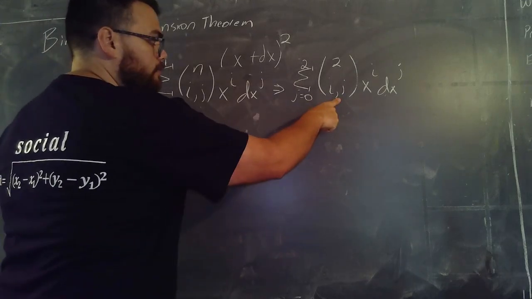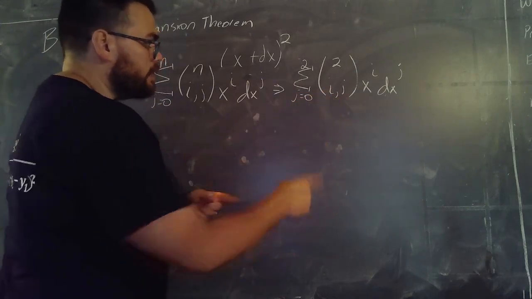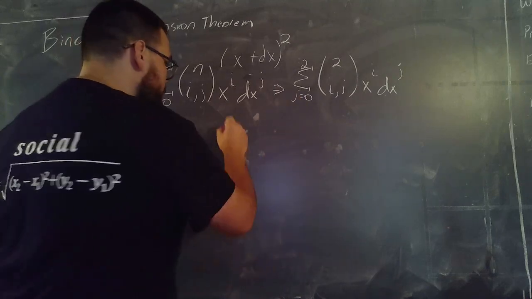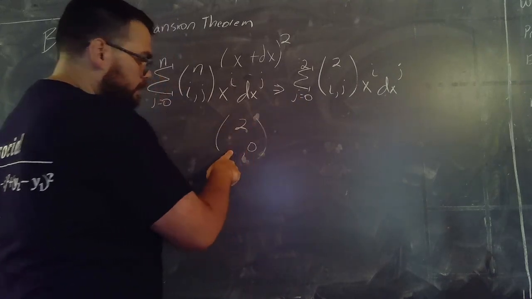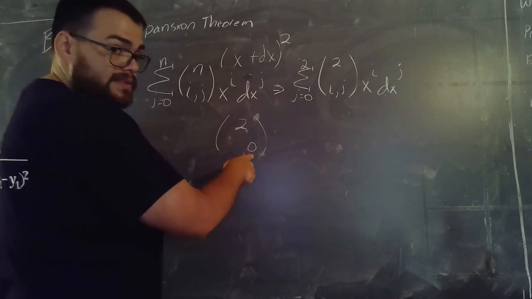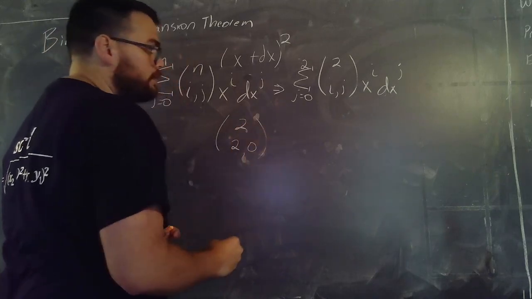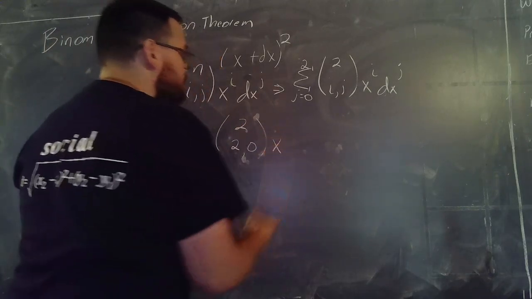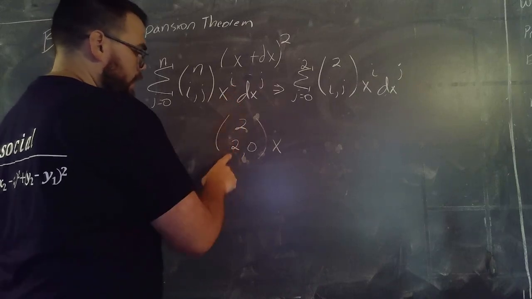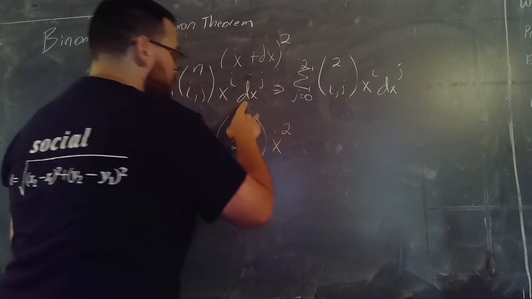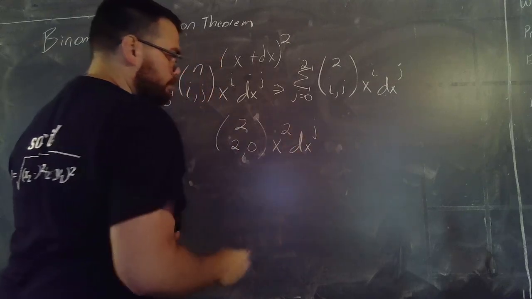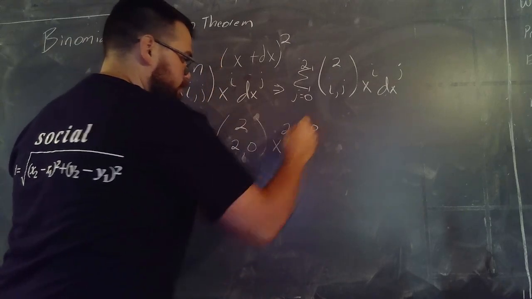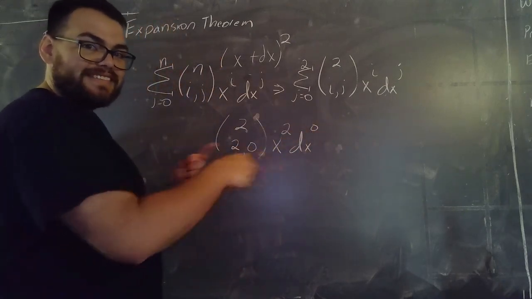So from our first position, it starts at 0, that's given to us, so we're going to have 2 choose 0. And then this number is just 2 minus 0, which gives us a 2. And then we're going to have x to the i, so that's going to be that 2 there. dx to the j. See, I wrote j instead of i.